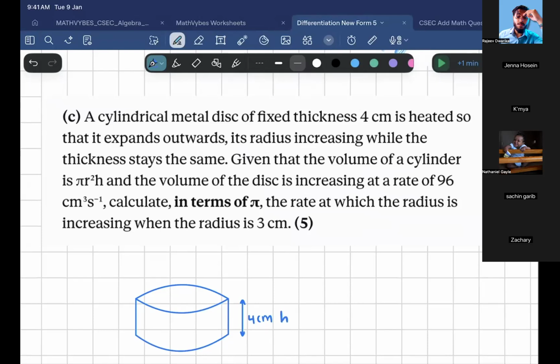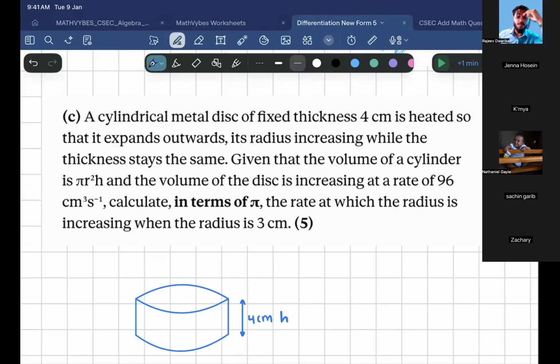Now, in physics, I'm not sure if you guys would have learned this, but when you heat a metal, it expands. Did you learn about thermal expansion? No, sir. Did you learn about the kinetic theory of matter? Yes, we did.